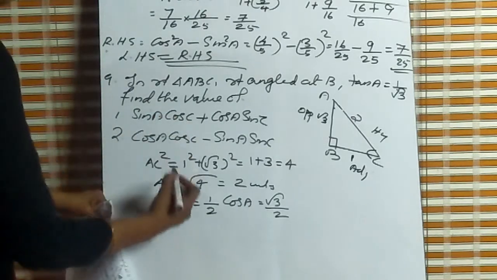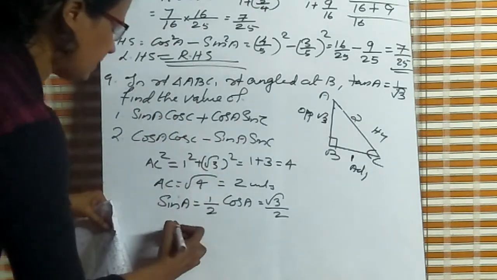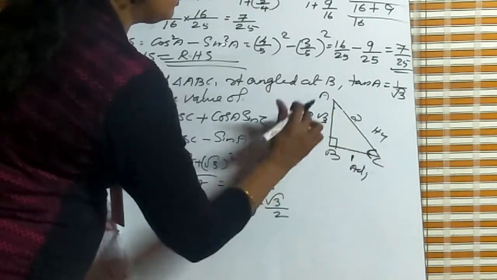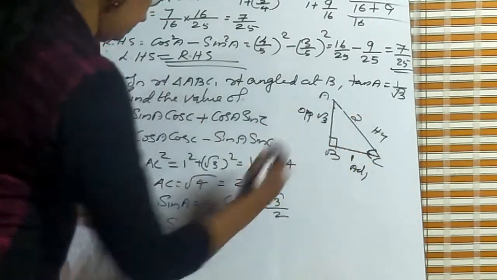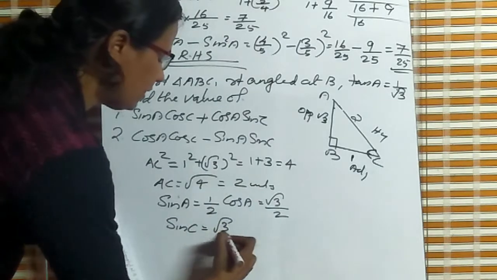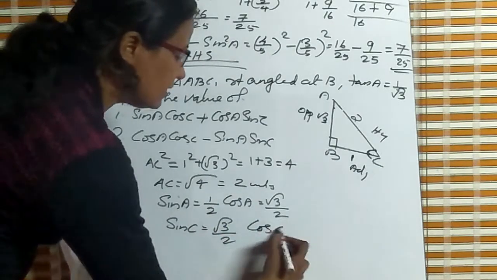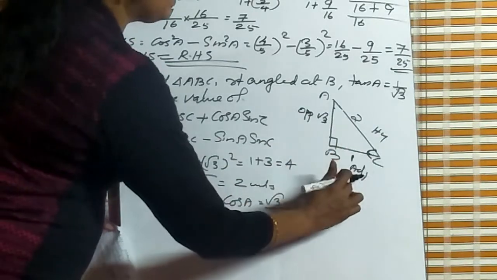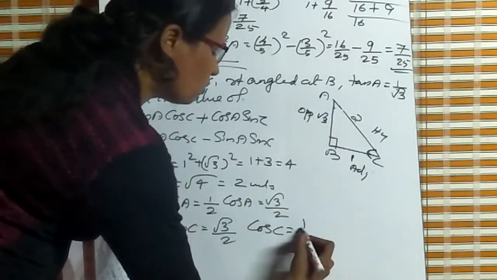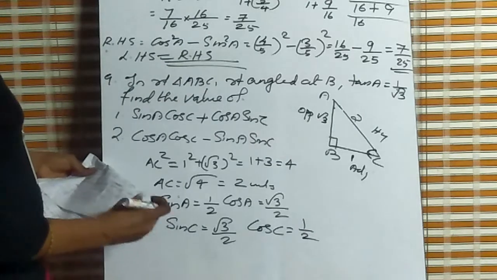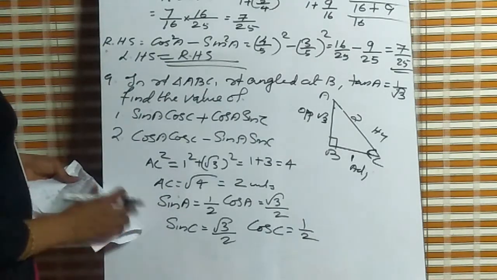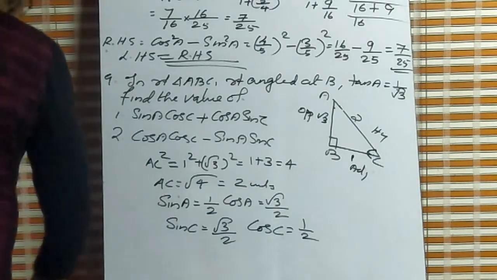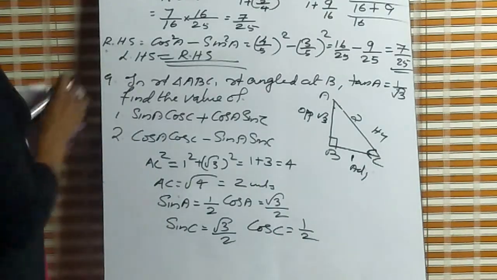Sin C is opposite side by hypotenuse, root 3 by 2, and cos C is adjacent side by hypotenuse, 1 by 2. So cos C is 1 by 2, sin C root 3 by 2, cos A root 3 by 2, sin A 1 by 2.